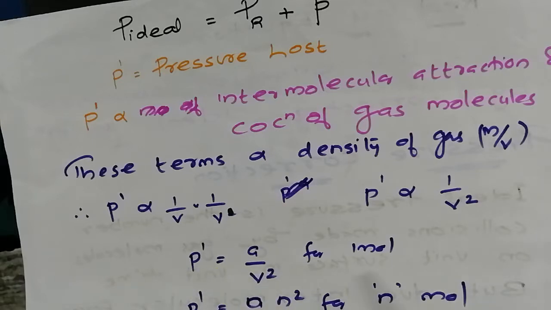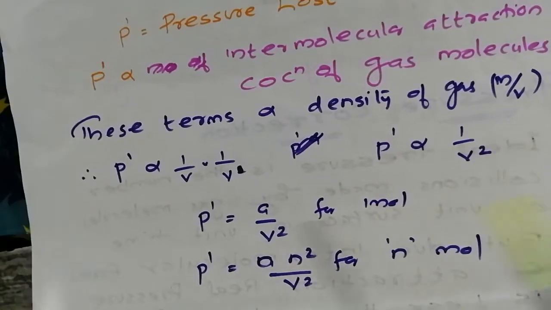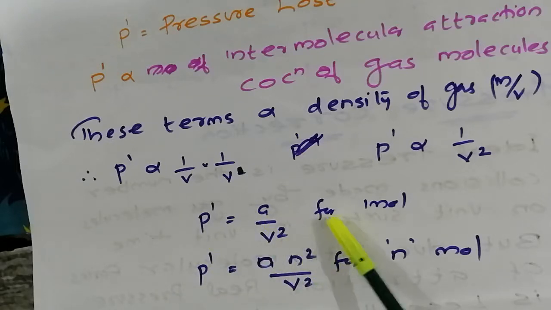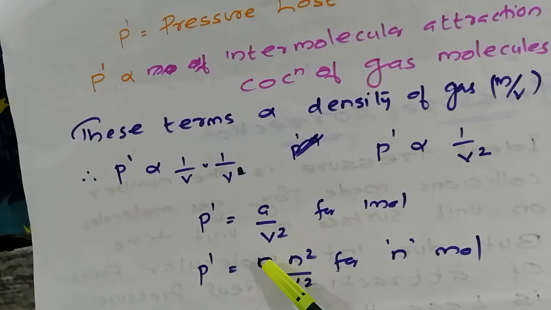This proportionality constant is represented by a term called a. Therefore, P dash is equal to a by V square for 1 mole. For n moles, P dash is equal to a n square by V square. Why n square?